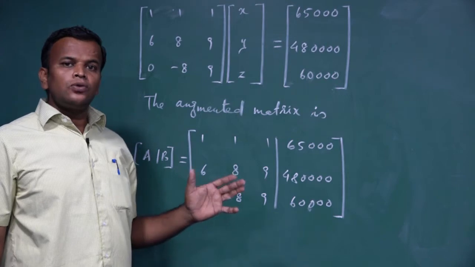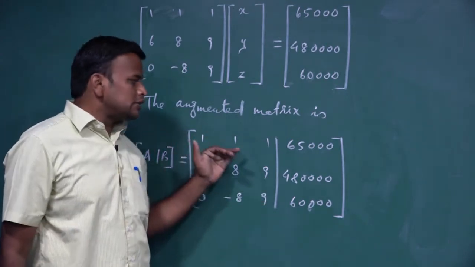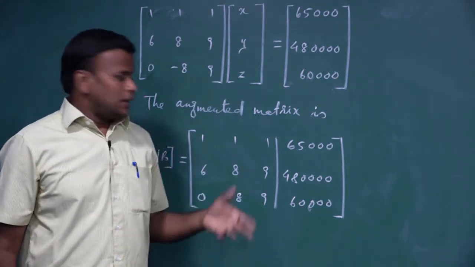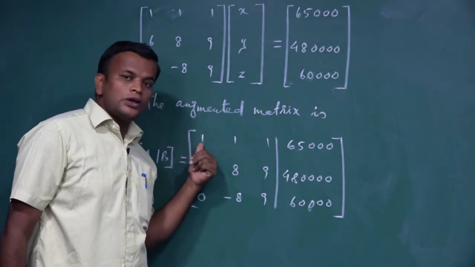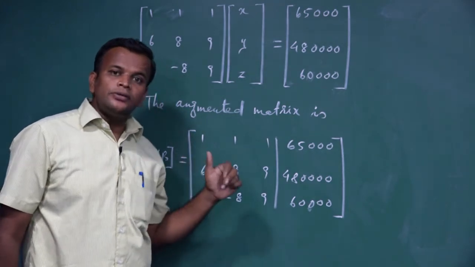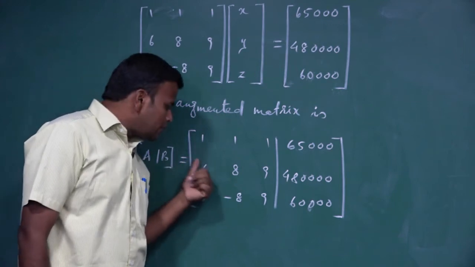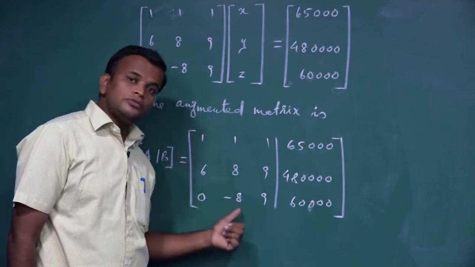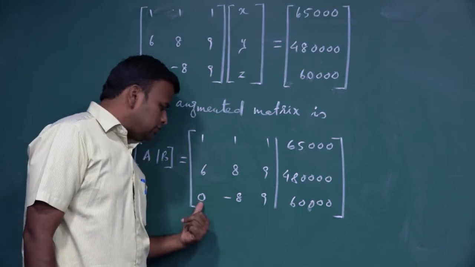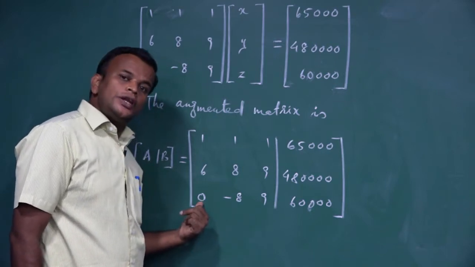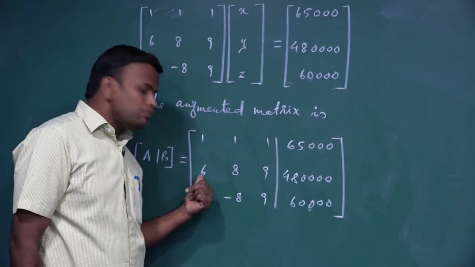The next step is to convert this augmented matrix into echelon form. Echelon form means the first row, first element is always non-zero. It's better to convert it to 1, but it is already 1. The next step is to make at least this triangle shape of elements become 0. You see directly 0 is there. So the next step is to make that element also become 0.